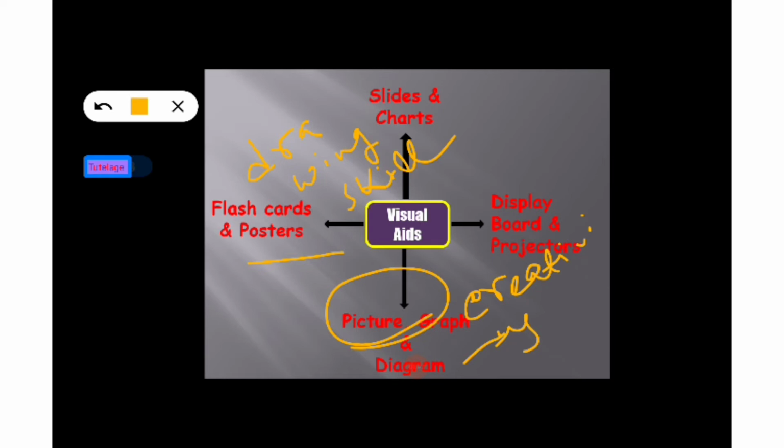Okay. So now going to another example of the visual aids, that is the display board. Display boards help in engaging the students, and there are different kinds of display boards, like the blackboard. The blackboard is one of the most popular and primitively used teaching aids.